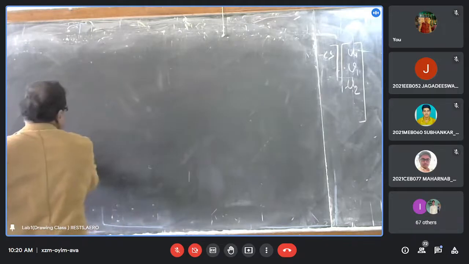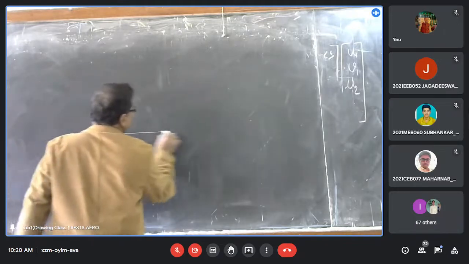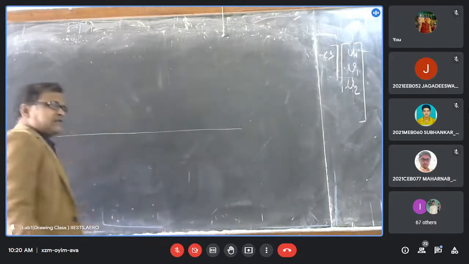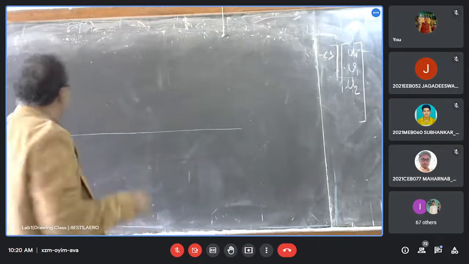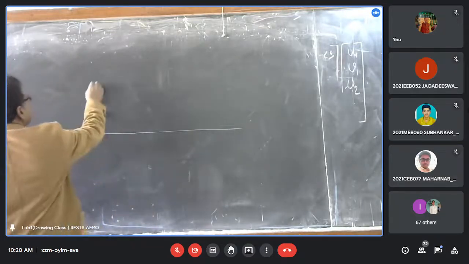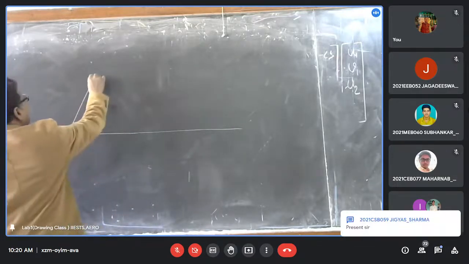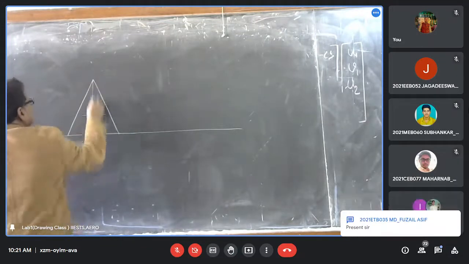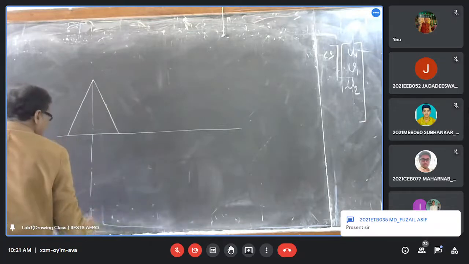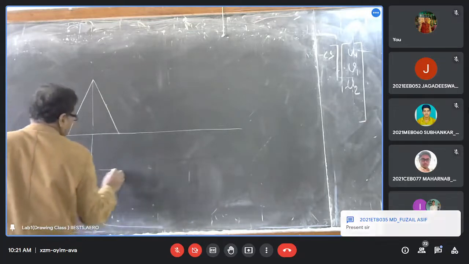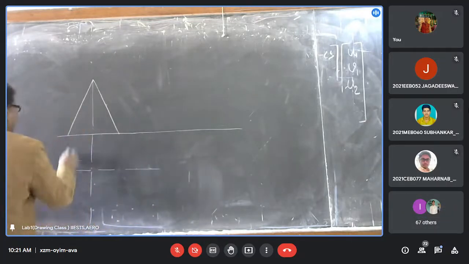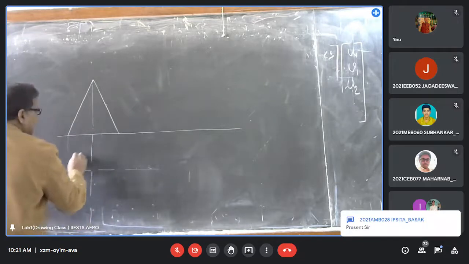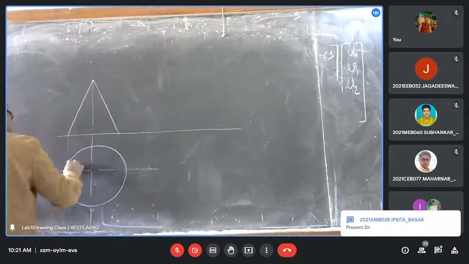Initially the cone is resting on the horizontal plane. You see the elevation like this and also you see the plan, a circle.